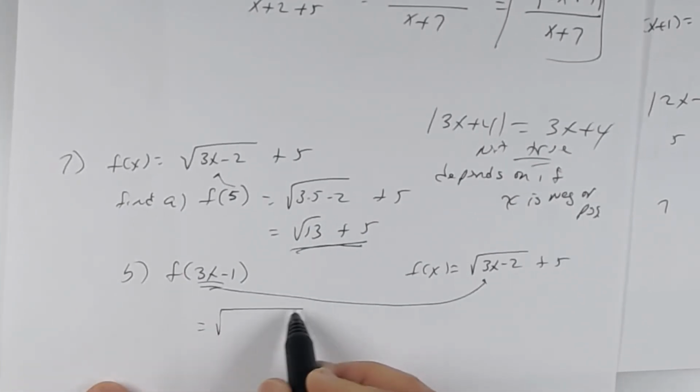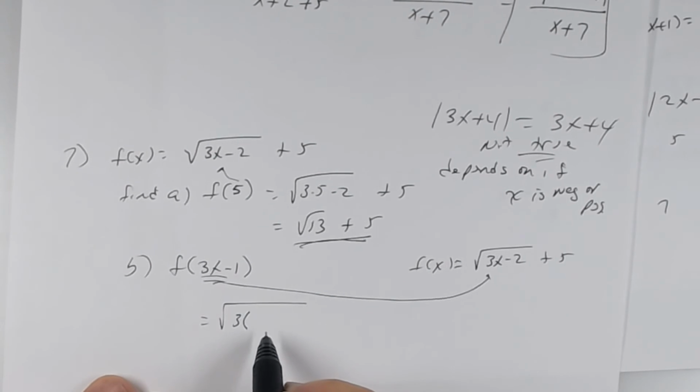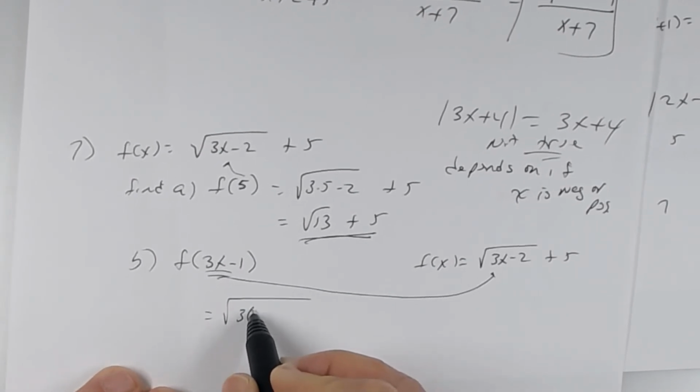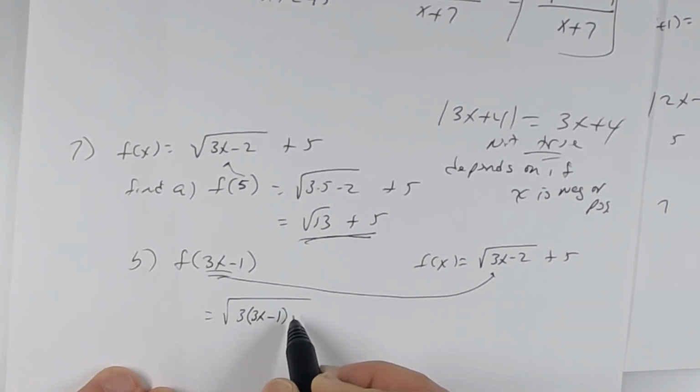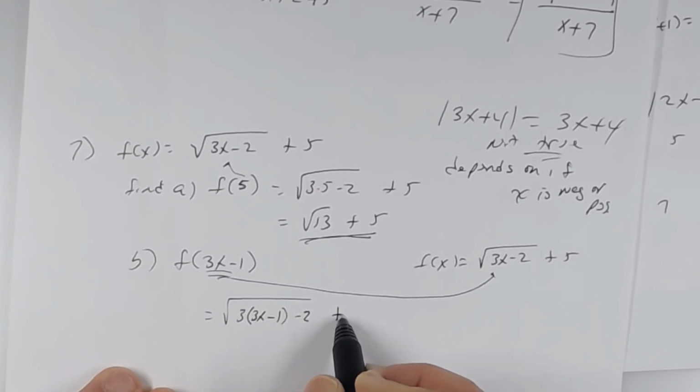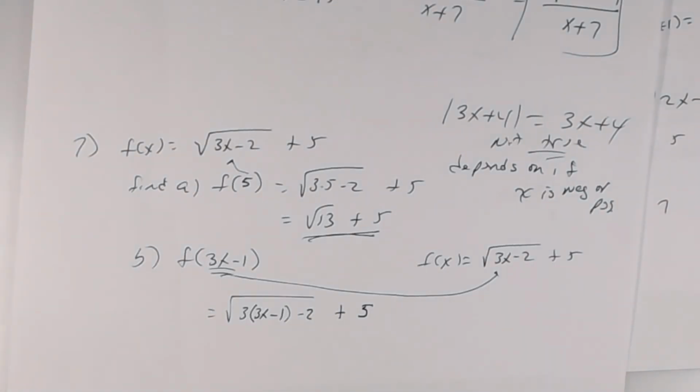So I get the square root of 3 times, in parentheses, what do I substitute? 3x minus 1, whatever that is, I've got to subtract 2, and then I've got to add 5. Okay? All right, let's work with the radicand.